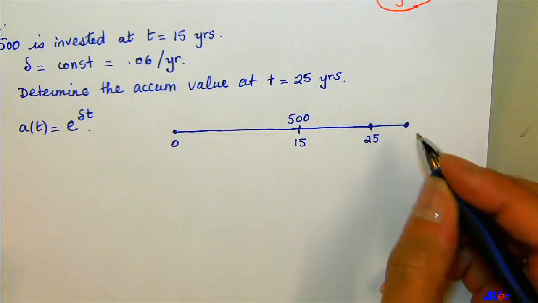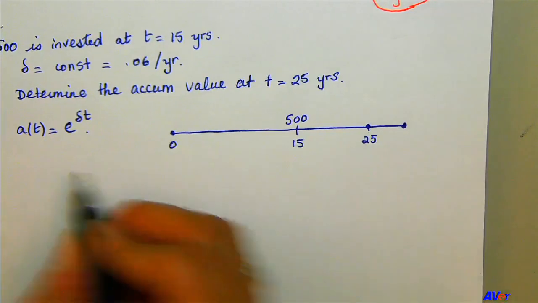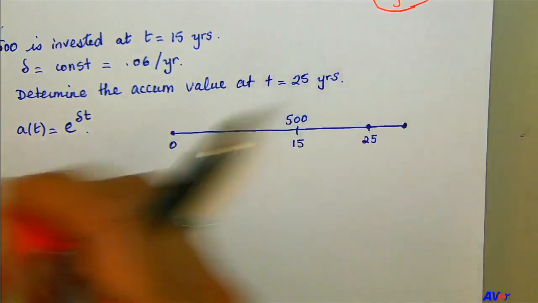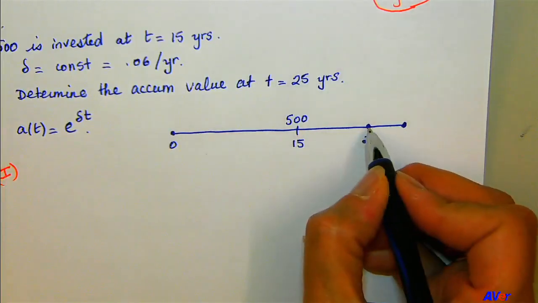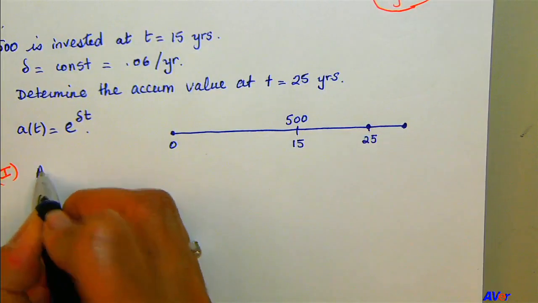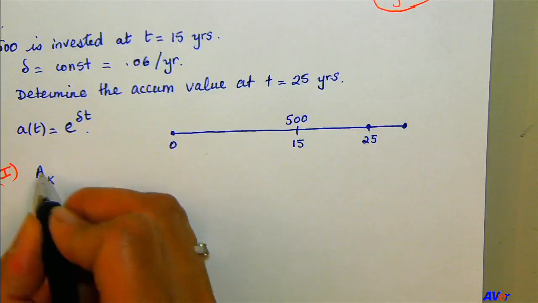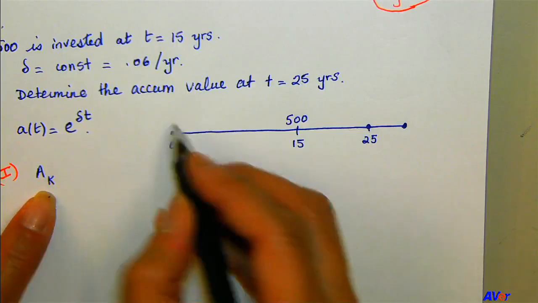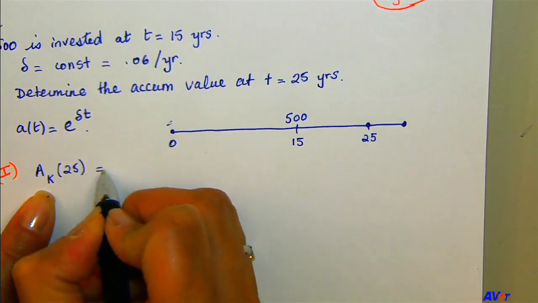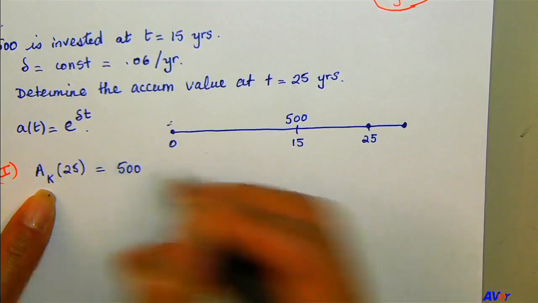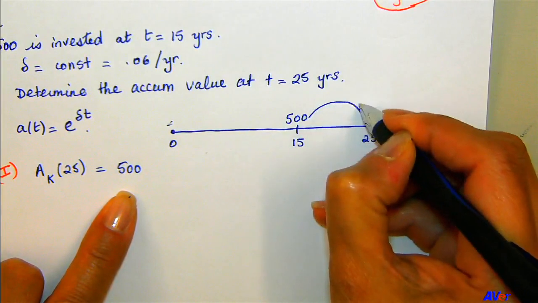Again, two methods. You could deal with I or you could deal with delta. So first let's deal with delta. So first method. So the accumulated value here, accumulated value of some k at time 0, whatever this is, I don't really care, of 25 is equal to 500. I'm just going to go from here to here. So what is this A of t to go from here to here?